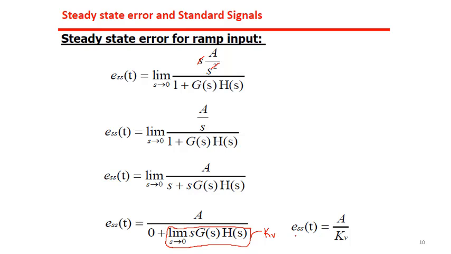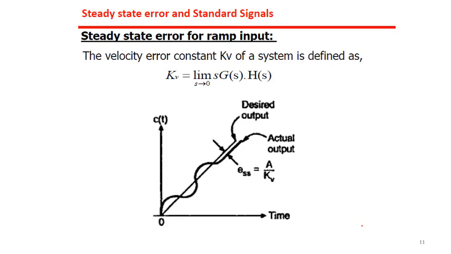So we get ESS for a function of t for a given ramp input equal to A divided by Kv. Hence, the velocity error constant Kv of a system is defined as Kv is equal to limit s tends to 0 of s into G of s into H of s.